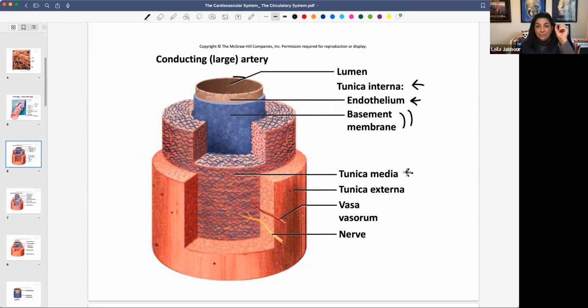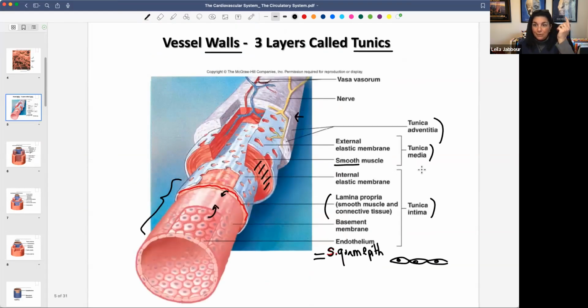And in tunica media, there are a lot of elastic fibers. In tunica media, where we have smooth muscle, if we go back here, I want to show that to you. Tunica media, smooth muscle.